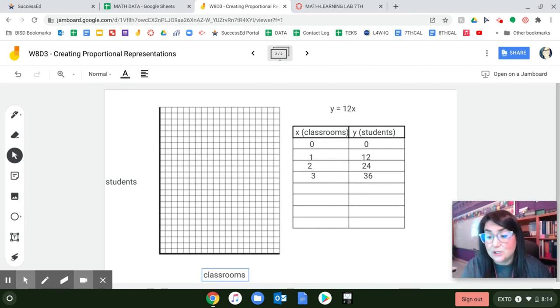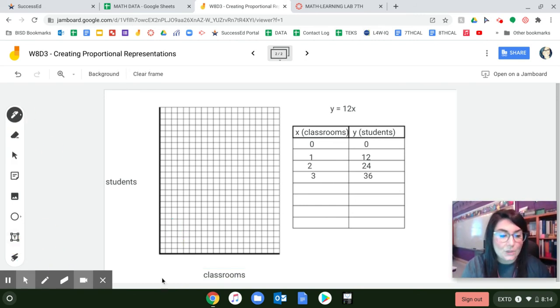You don't have to go crazy and go by 10s or 20s and be exact that way. Go by what you have, and that way your points are going to line up exactly where your axes cross, okay? So I have 1. You can always start with 0 also. I have 2. I have 3. And you can, as I said before, go on and do the rest.